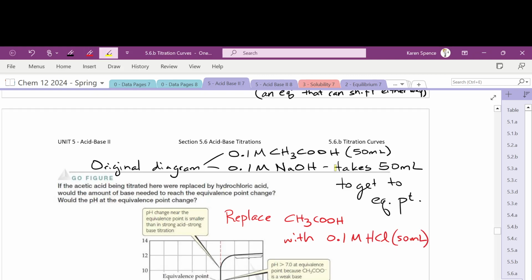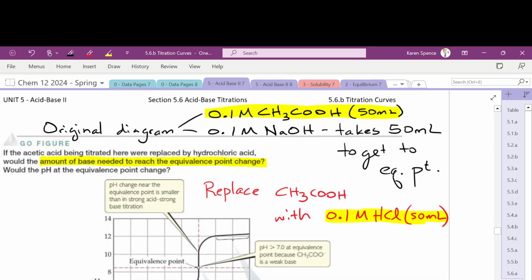So we have the same concentration and the same volume. And what they would like to know is what would happen to the amount of base needed to reach the equivalence point. Would it still be 50 milliliters? Would it be greater than 50 milliliters? Or would it be less than 50 milliliters?